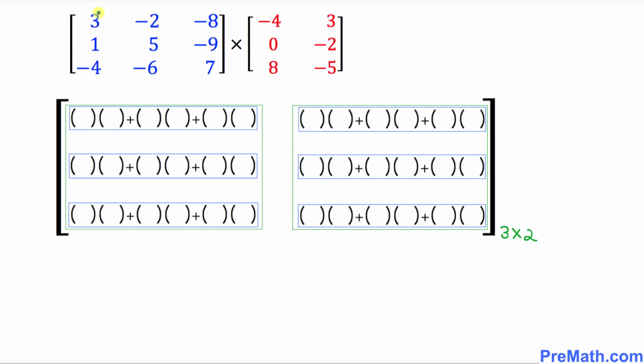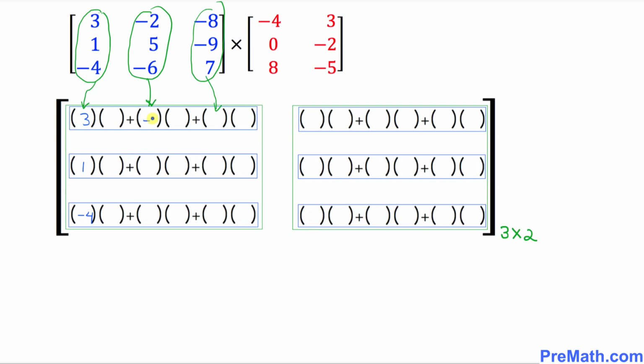Let me show you. Focus on the left-hand side matrix, the blue matrix. Look at this first column. This is going to go in this slot. The next column is going to go in this slot, and finally this column is going to go in this slot. What that means is, this is going to become 3, 1, -4.